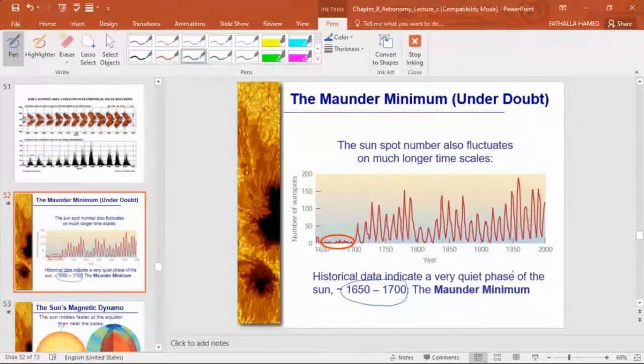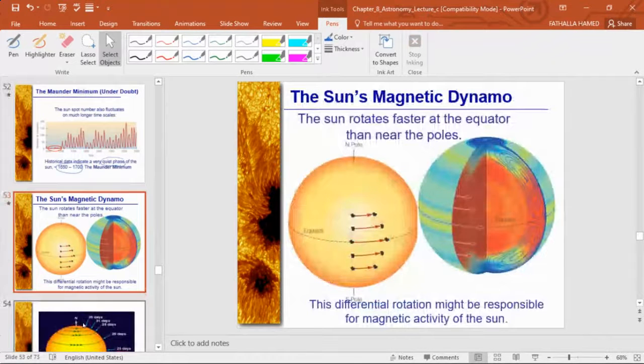And this is what they say is the quiet phase maybe of the sun, but there are some that doubt that. But actually the sun at sometimes is very active, at sometimes maybe it's less active. So this is basically the sunspots. They actually come as a result of the magnetic field that we have in the sun.